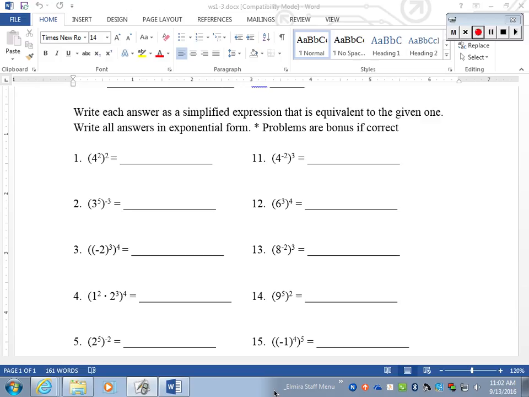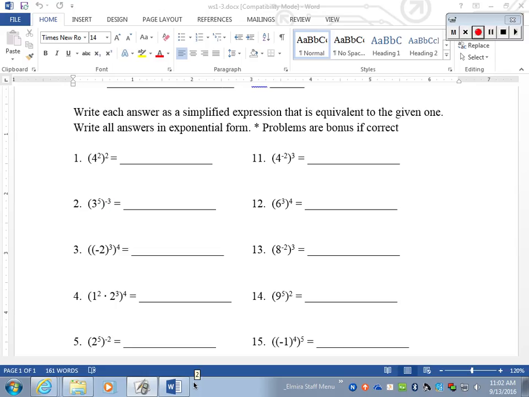Okay, so let's take a look at the homework. First of all, I want to point out that the directions say write your answers in exponential form. So that means we're not going to have any final answers. We're not going to type any of these in.